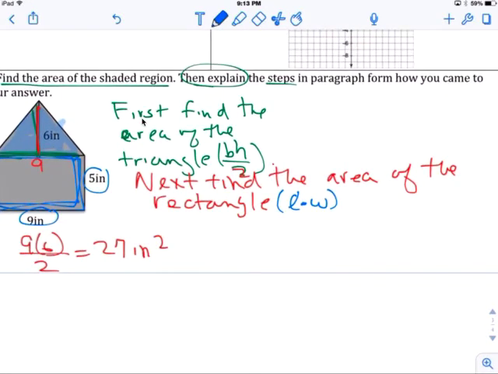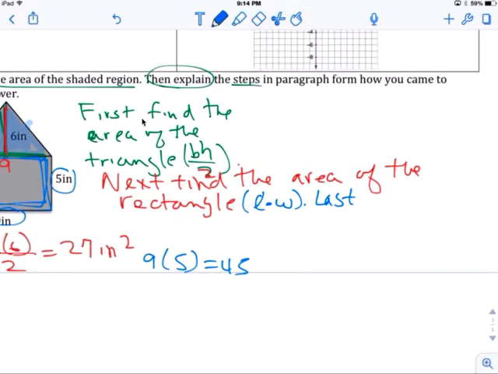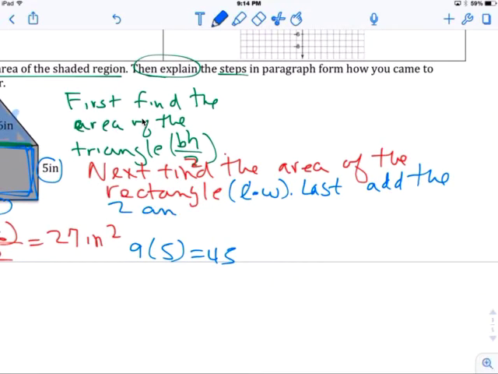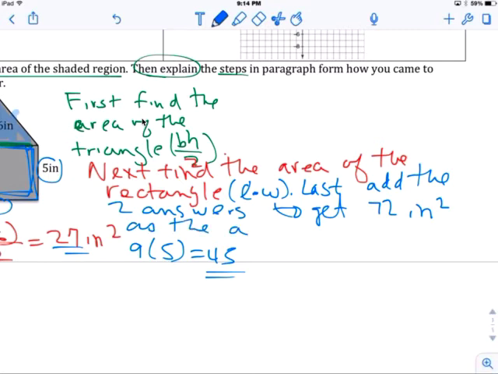So you do 9 times 5, 45, right? Last, add the two answers together, 72 inches squared as the area of the shaded region.